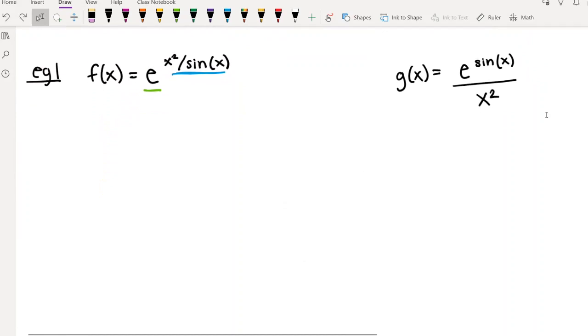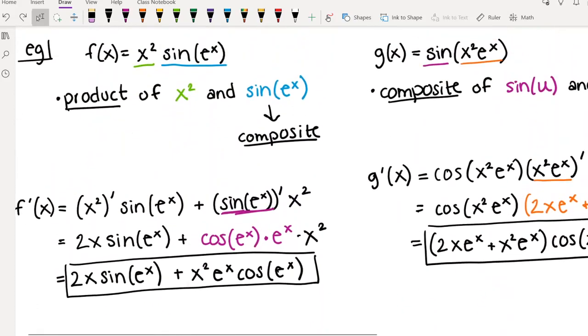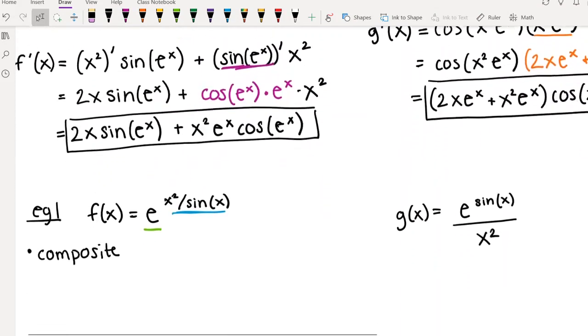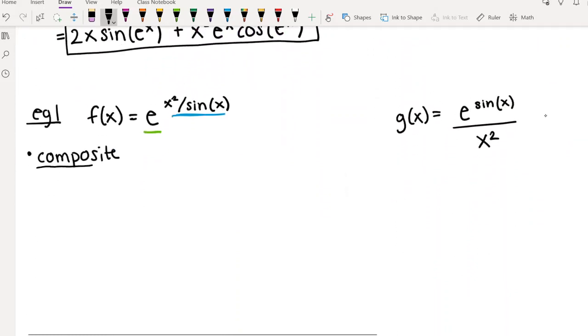So let me try to be consistent with my formatting here. I put a bullet point. So this is a composite, or a composition. How did I say it over here? I said composite. Should probably have said composition, but that's okay.